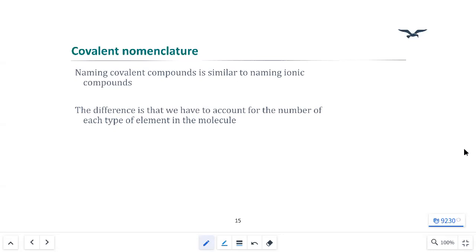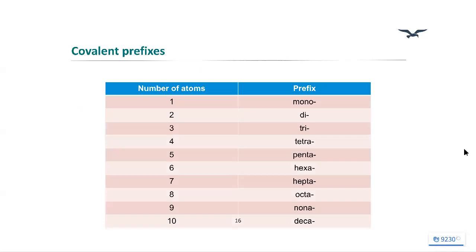But since we don't have charges and the crisscross rule to help us explain why the subscripts are the way that they are, we have to account for that numbering in our naming. And what that means is we have to become familiar with prefixes, numerical prefixes.